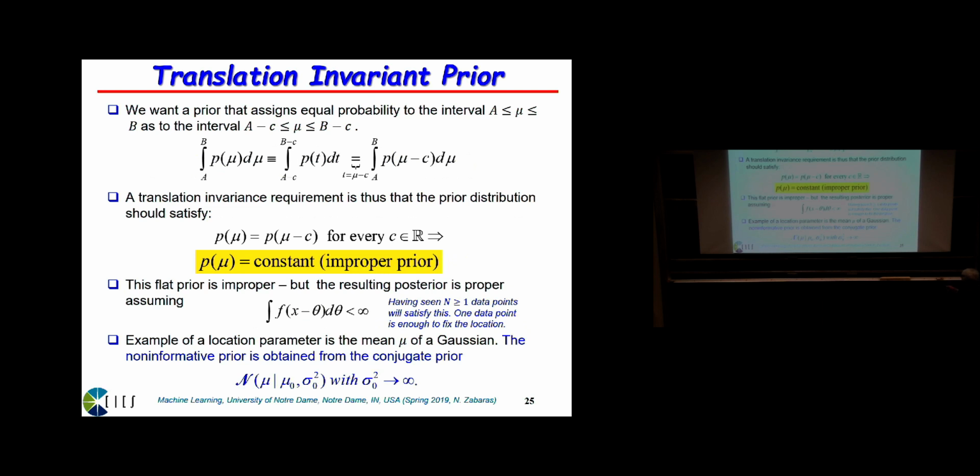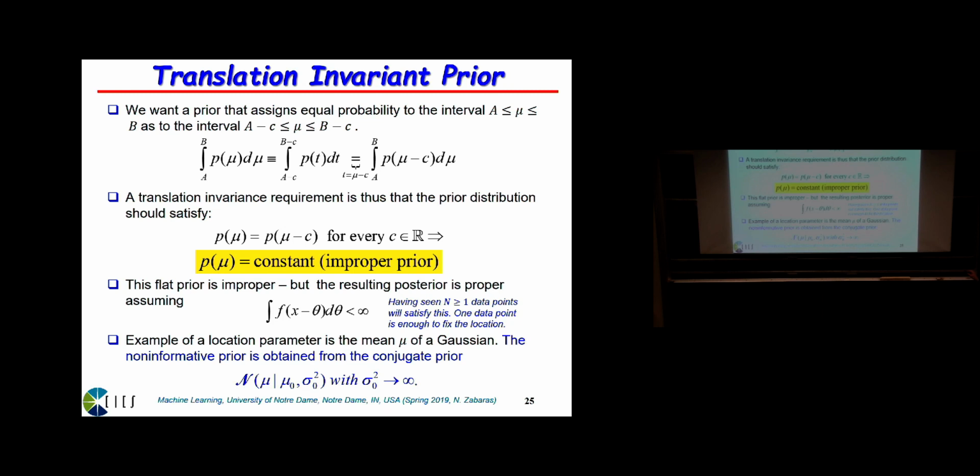So the idea here is, for a translation invariant prior, if you take the probability mass when you integrate from A to B, you want it to be the same as the probability mass when you integrate from A minus C to B minus C, for any constant C. All right? So this is what it means. You want it to be translation invariant.